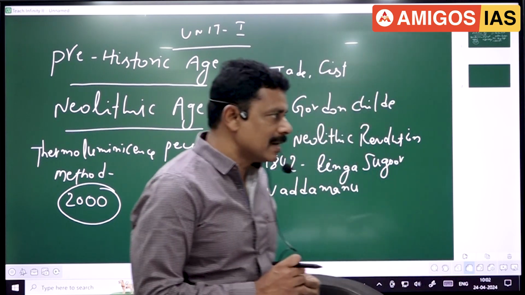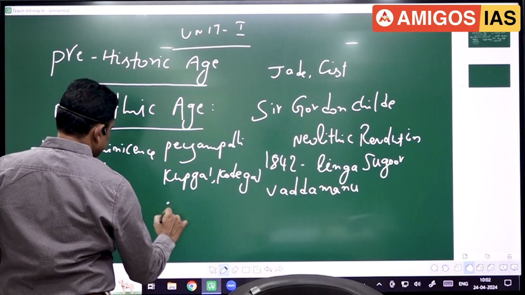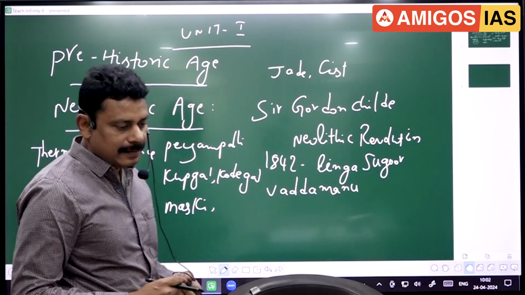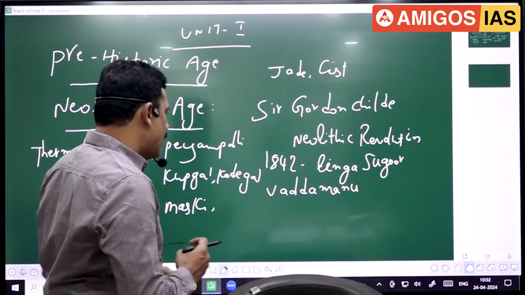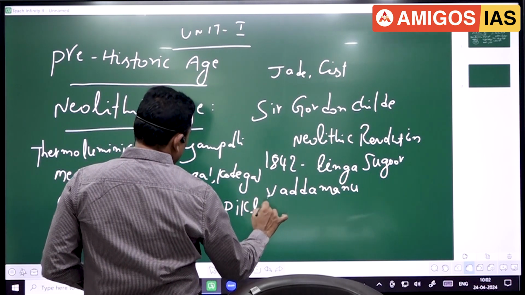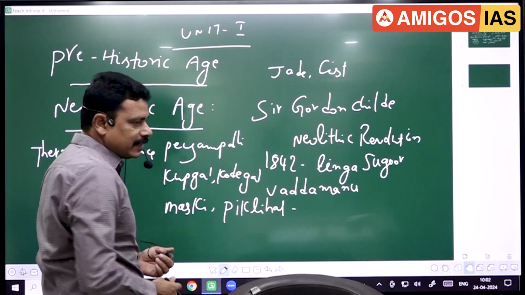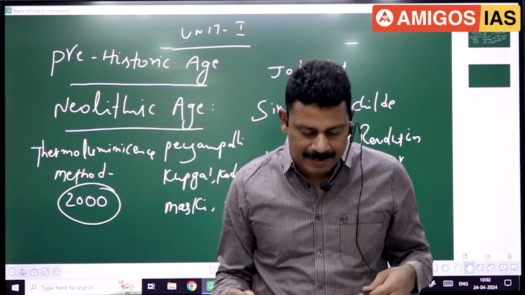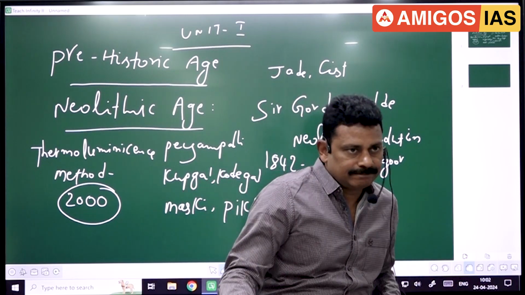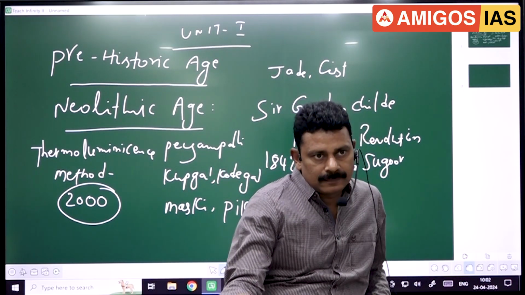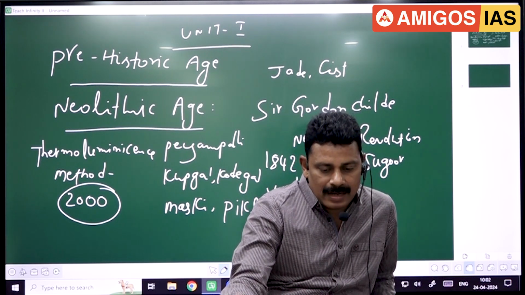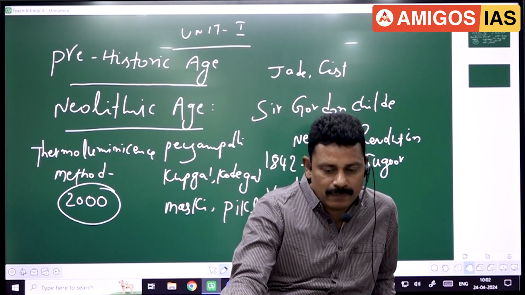From a place called Maski in Karnataka, and Pickly Hall, from these two places, Maski and Pickly Hall, animal images of the Neolithic people were recovered.